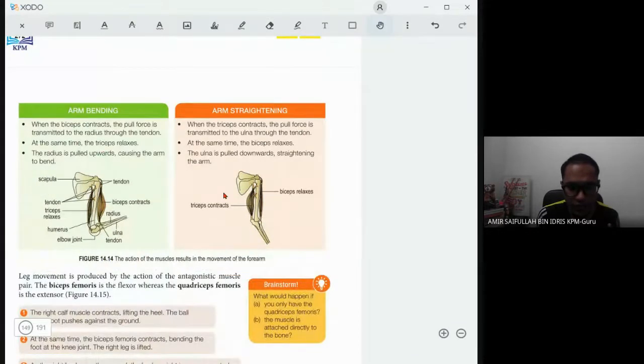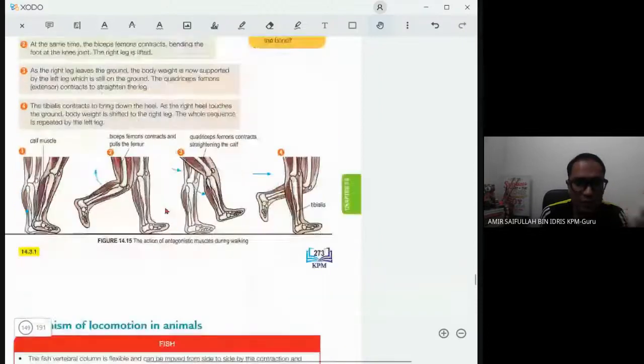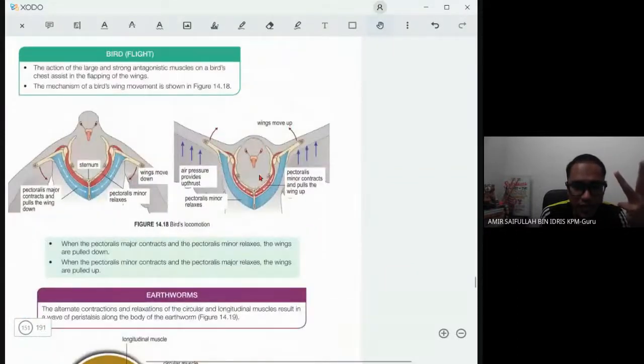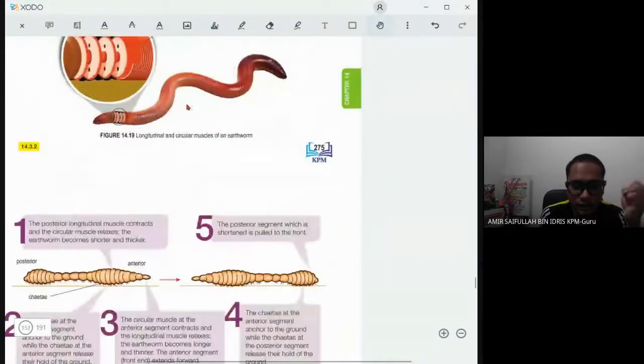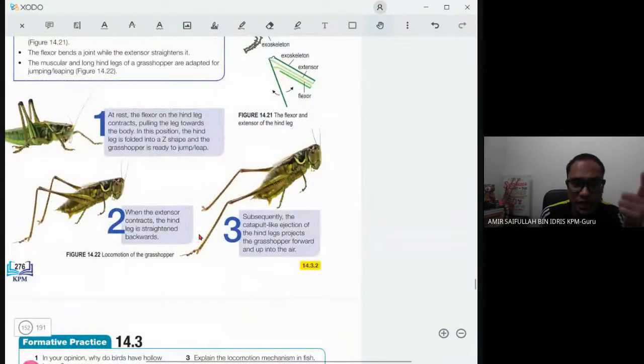So we are going to see how the human arm works, how the leg of human works, how the fish can move, how the bird can fly, how the earthworm can move, and lastly, how the grasshopper can jump from one place to another place. This one you guys can read in the textbook later, but I'm going to explain using the PowerPoint.